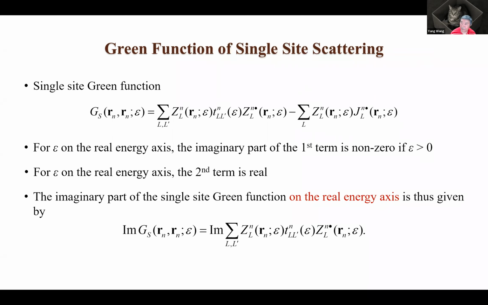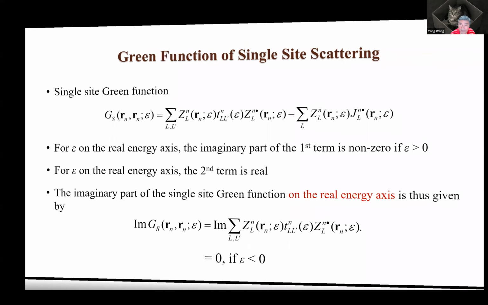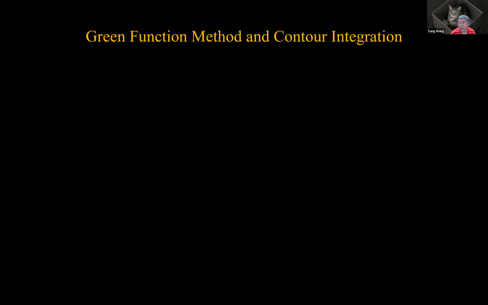If I calculate the imaginary part of the Green's function on the real axis, it turns out I only need the first term, the regular solution term. And as I said here, when epsilon is less than 0, the imaginary part is 0, so the Green's function is essentially 0. That's an important feature, because of that, we can do the following to do a full potential.